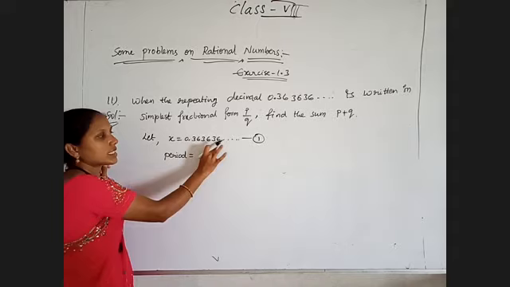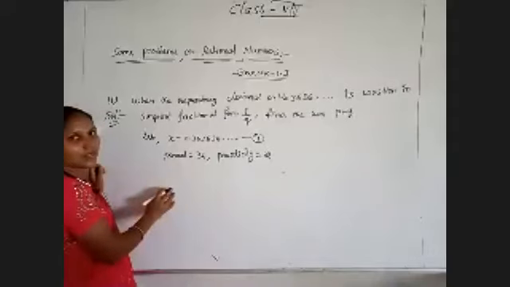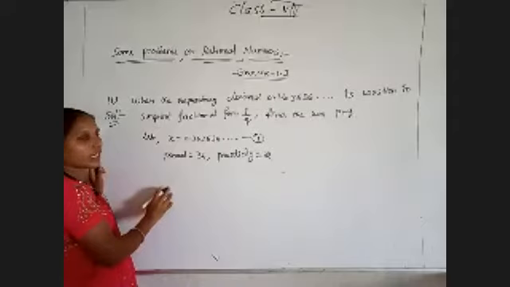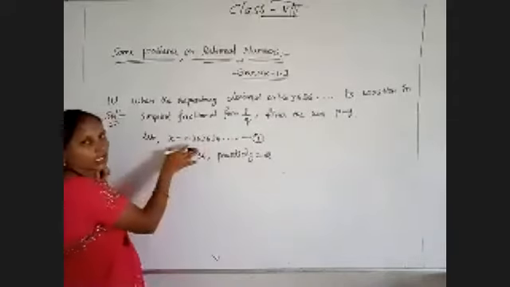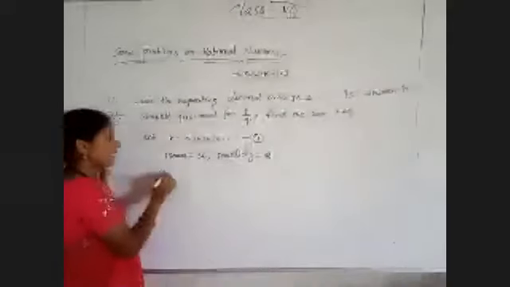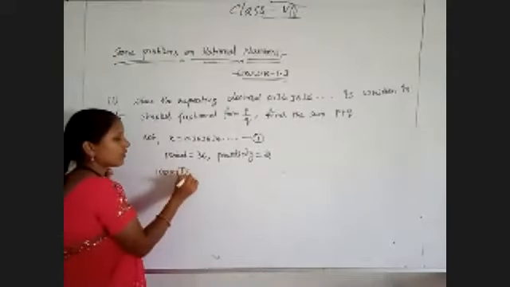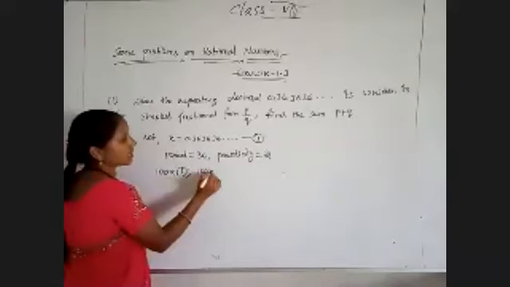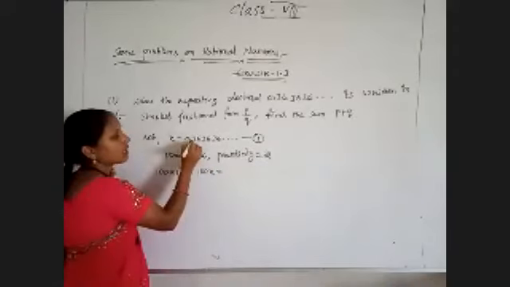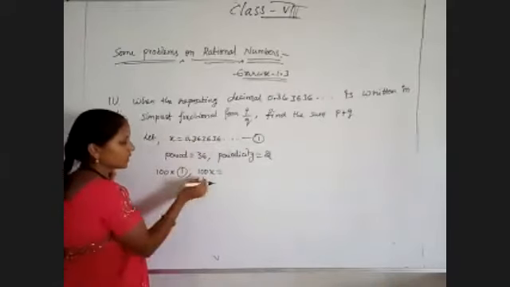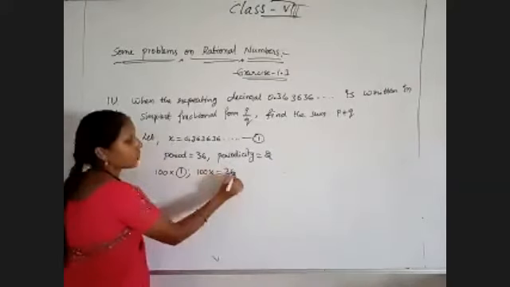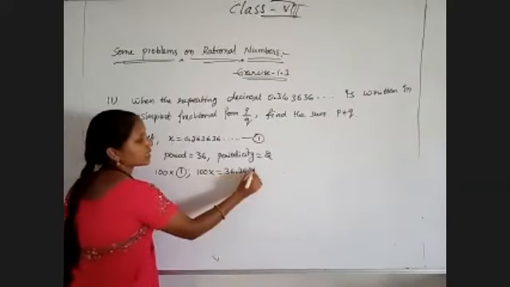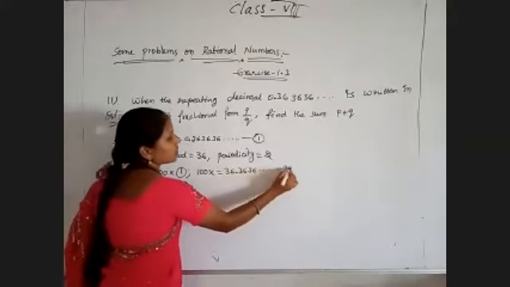Whatever periodicity we got, we need to multiply equation 1 with 100. So 100x is equal to, the point will move to the right by 2 digits because we are multiplying with 100, 36.3636 and so on. Equation 2.